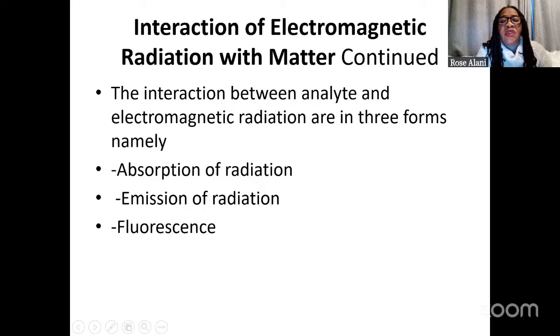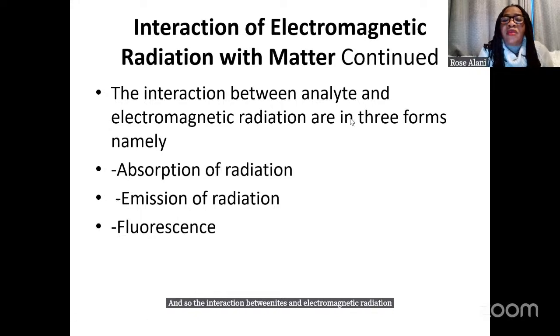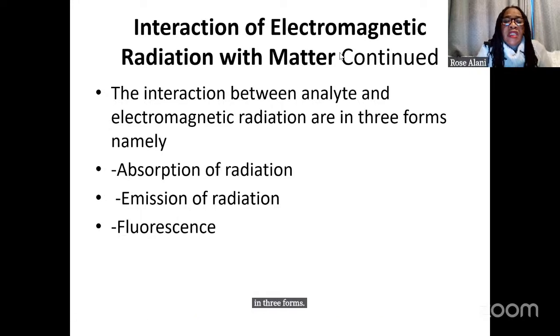And so the interaction between analyte and electromagnetic radiation takes three forms: absorption of the radiation, emission of the radiation, or fluorescence.